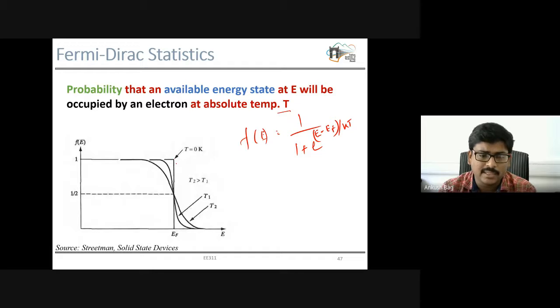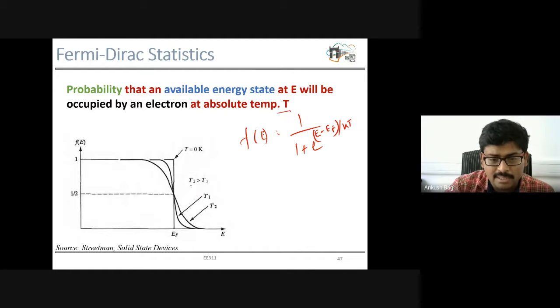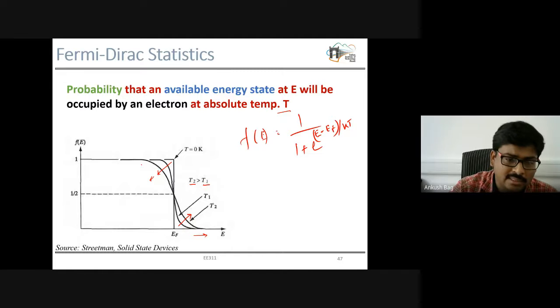Here this is 0 Kelvin, and then when we increase the temperature, the take-home message from this figure is: when you increase the temperature, T2 greater than T1, you can see how the extension of the Fermi-Dirac distribution increases with energy E. At the same time, it decreases below EF, so the more the temperature, the more it goes down when your energy is less than EF.